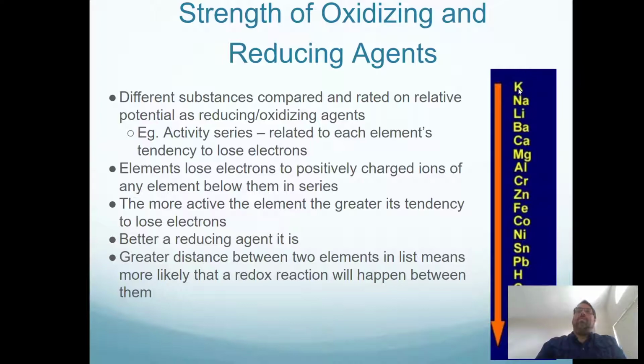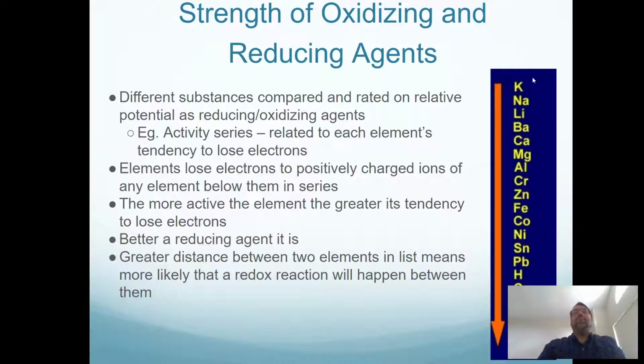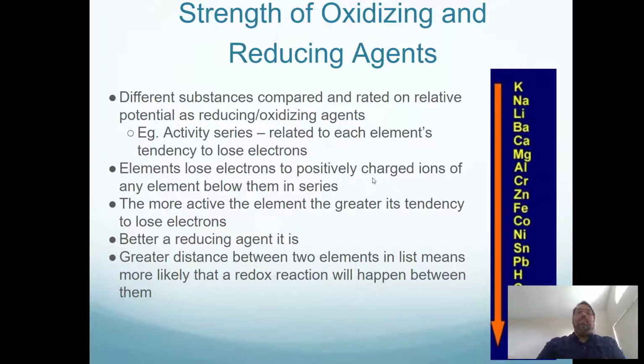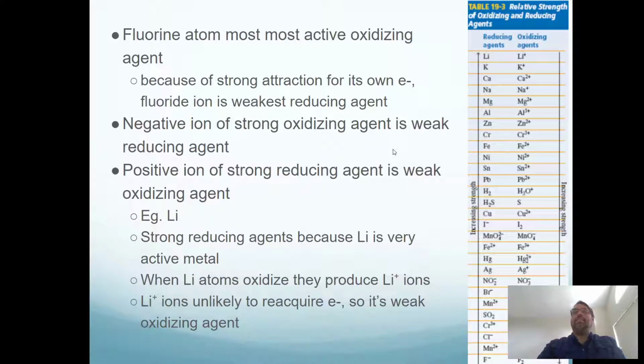And so the ones that are up here are more likely to be reducing agents, whereas the ones that are over here are more likely to be oxidizing agents. Because these will get oxidized and these will get reduced more often. Okay. And then a couple of things, the further they are apart, the more likely it is that you'll get an oxidation reduction reaction. And just basic things right there.